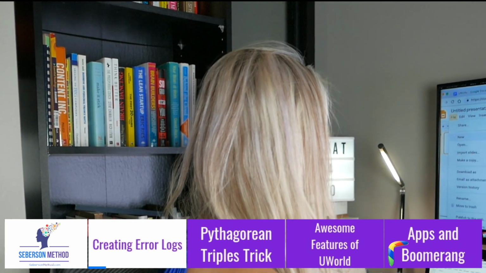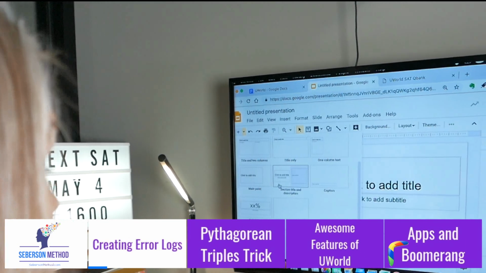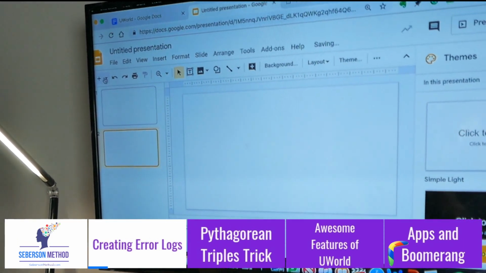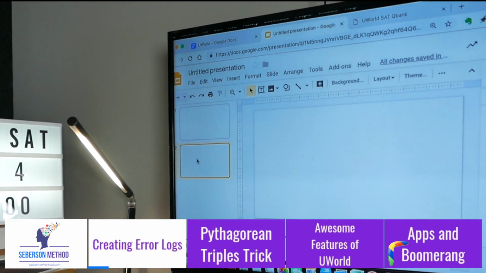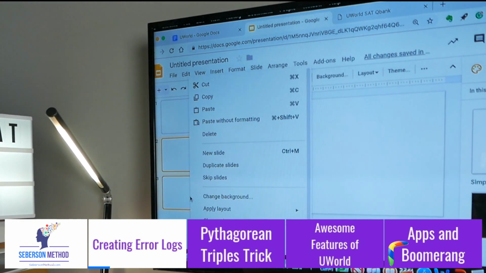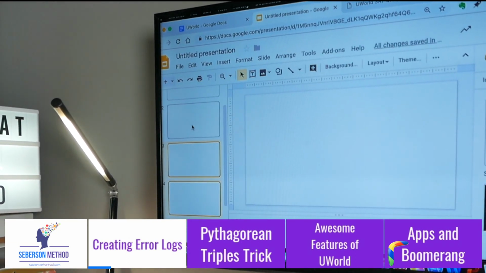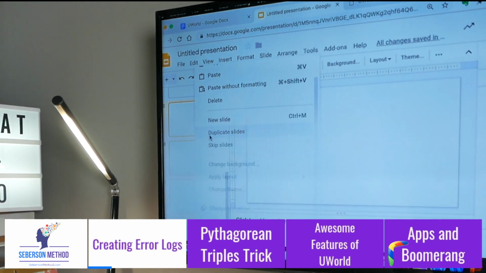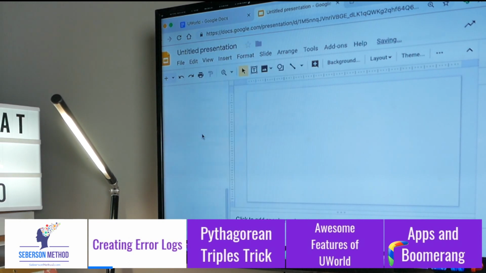All right, so we are going to just populate your Google Doc with blank slides, and you can just duplicate, and now you highlight 2, and then you duplicate those, and then you highlight 4, and then you duplicate those, or you can just keep duplicating these.